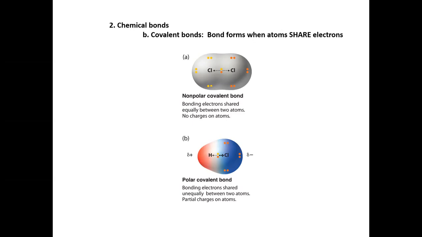So let's do this. We've got one kind of bond between positively and negatively charged ions, right? That is an ionic bond, okay? Think of that as being like a magnet sticking to a refrigerator.